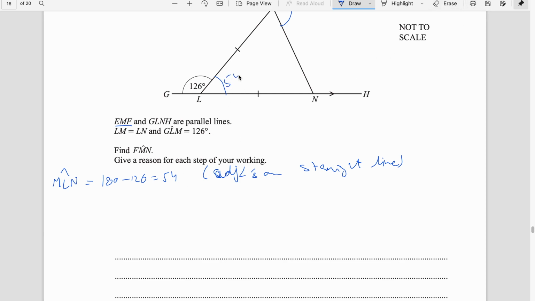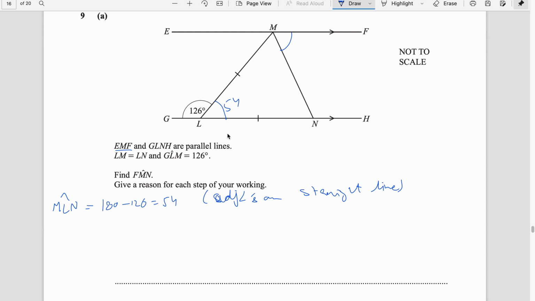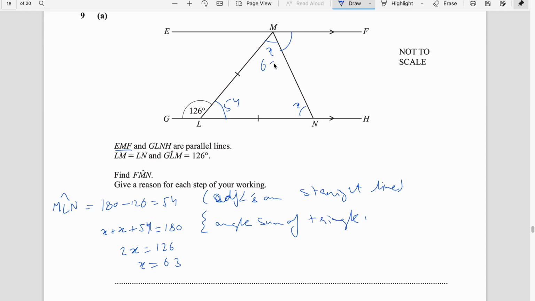So if it is 54, now we can see that this is a triangle and it is isosceles. So if we label them as x and x, I know that x plus 54 is again equal to 180. 2x is equals to 126. X is equals to 63. And the reason is angle sum of triangle. Now this is 63.